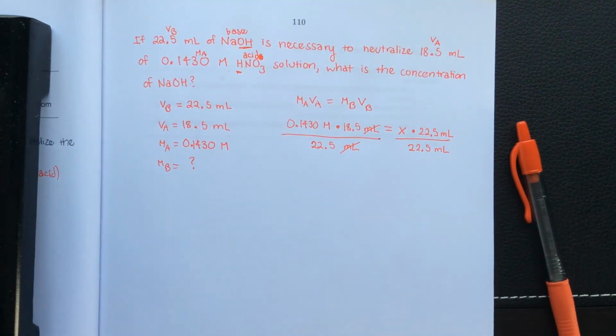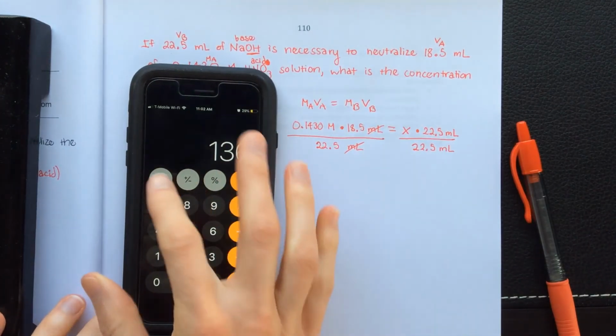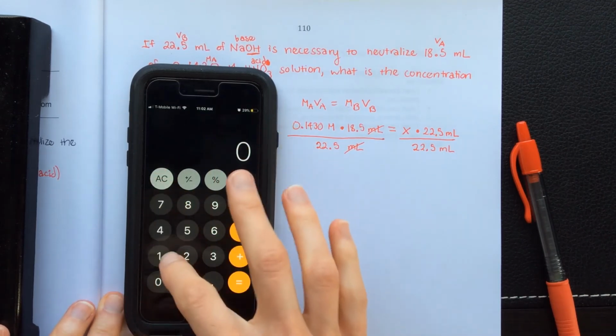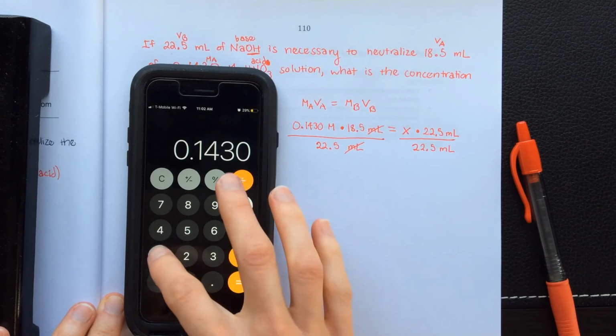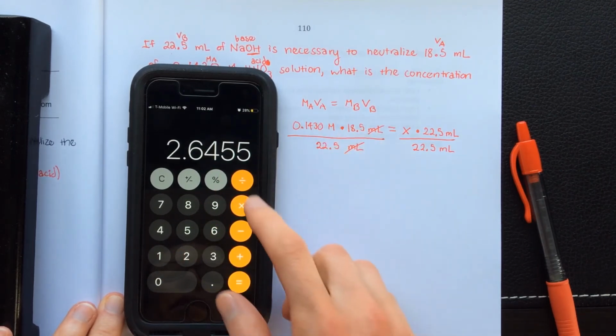Then all I have to do is pull up my calculator and multiply those two numbers together. So we're going to do 0.1430 times 18.5, and then divide that by 22.5.